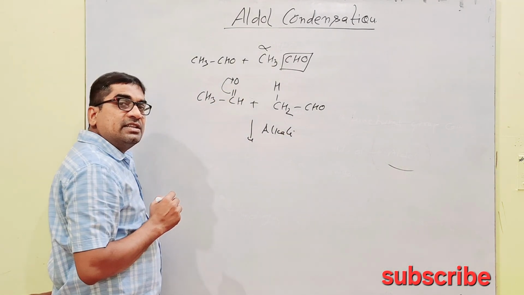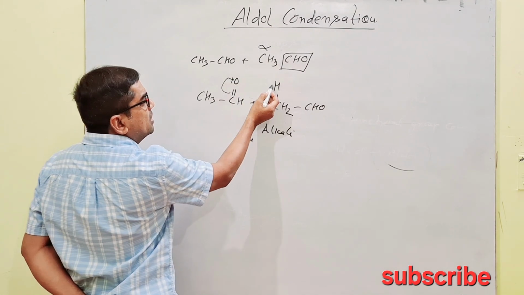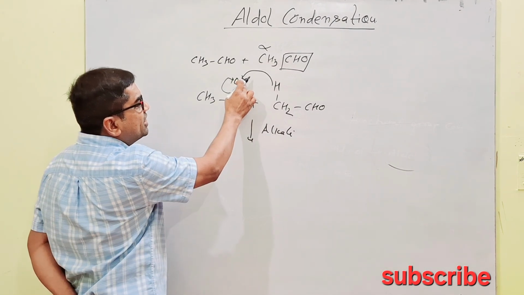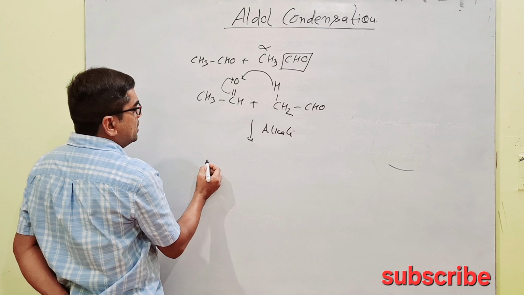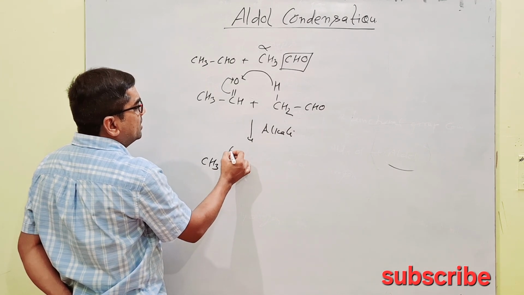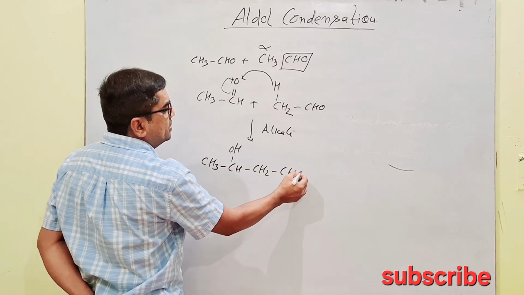The pi electrons delocalize to oxygen due to its higher electronegativity. Here it becomes negative, here positive. This alpha hydrogen shifts here forming OH, and a single bond is formed between these two carbons. So the final product formed will be CH3CH(OH)CH2CHO.